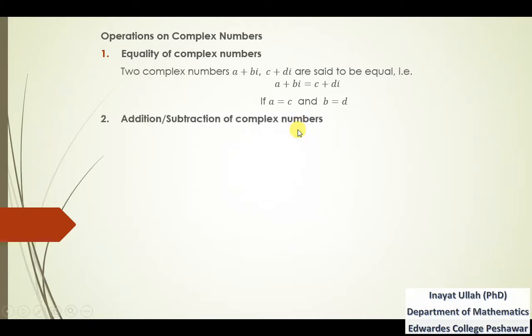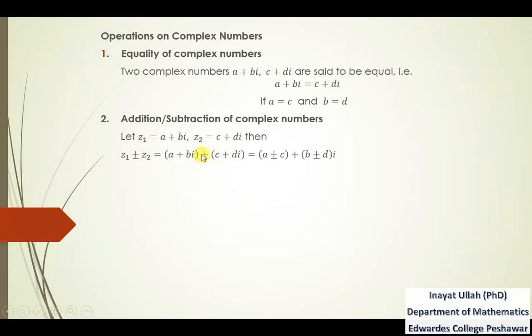Secondly, how could we perform addition and subtraction of complex numbers? Let's say one complex number a plus b iota is denoted by z1, and the second complex number c plus d iota is denoted by z2. Then the addition or subtraction of these two complex numbers is done by replacing z1 by its own value plus or minus z2 by its own value.